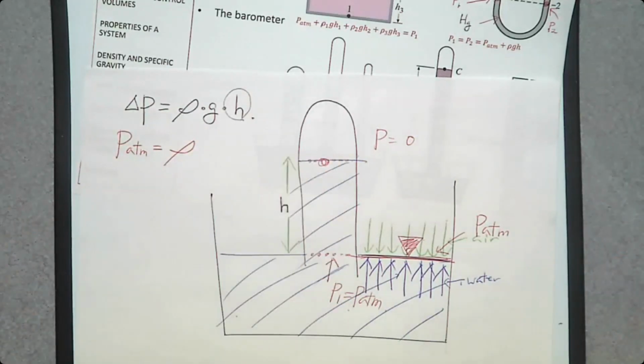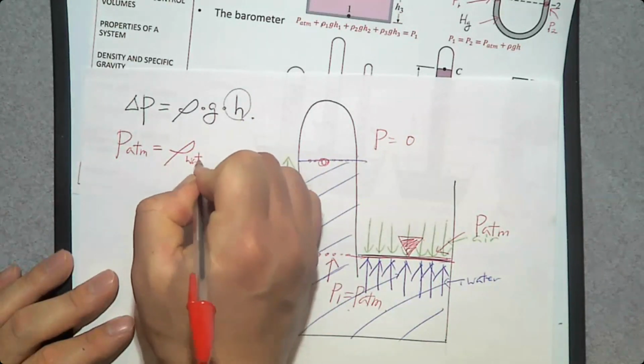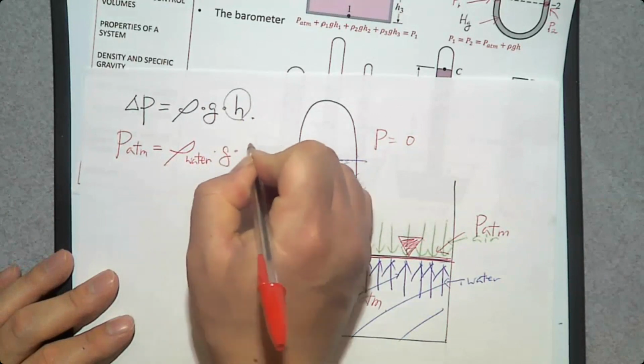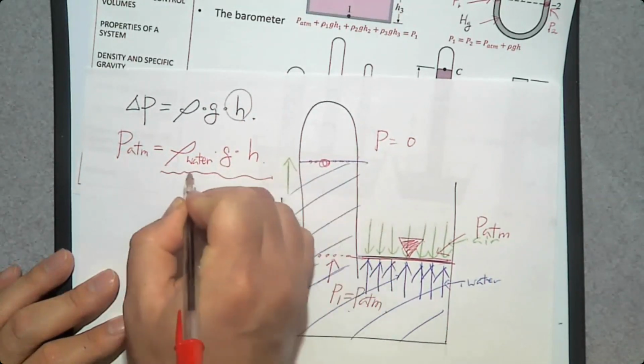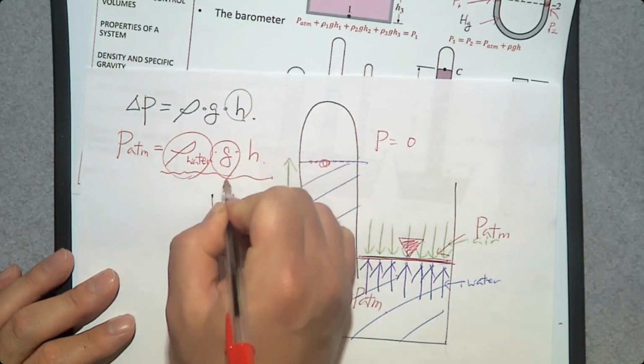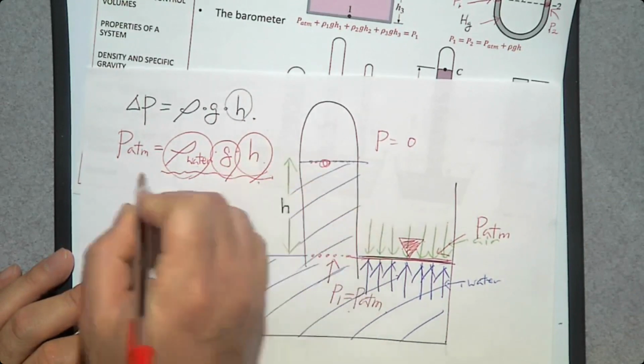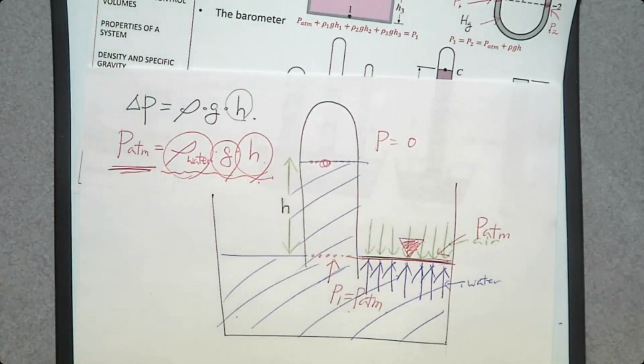Density of what? Air? No. Water, times gravity, times h. So if you know the density, the gravity, and h, then you can measure the atmospheric pressure. So if you make a barometer at home, what should be the h value?